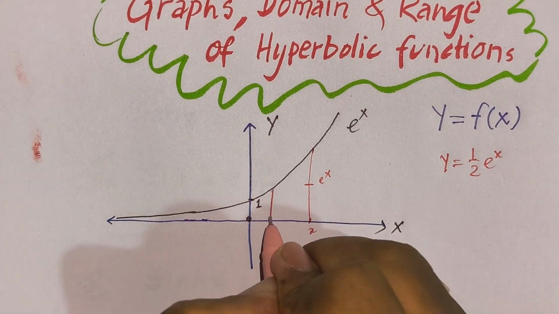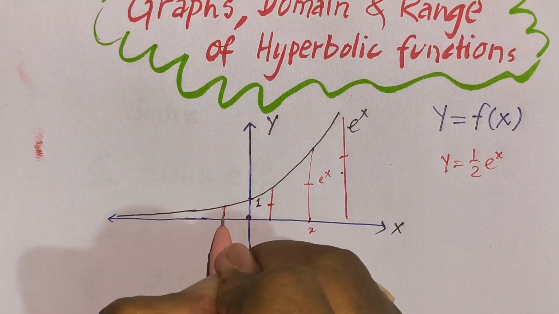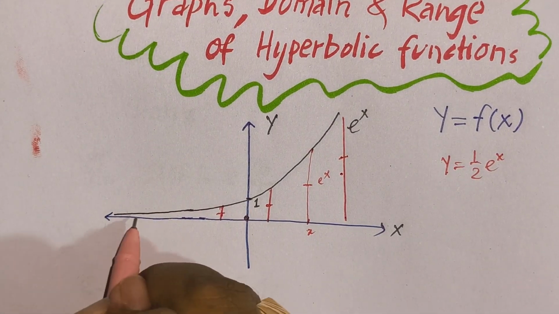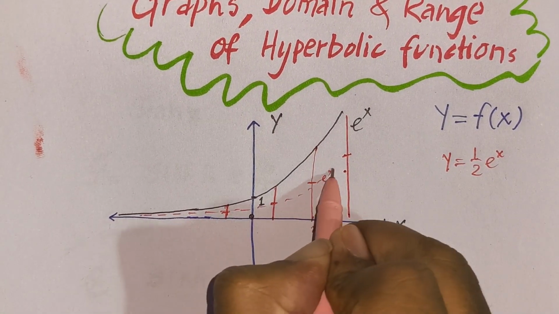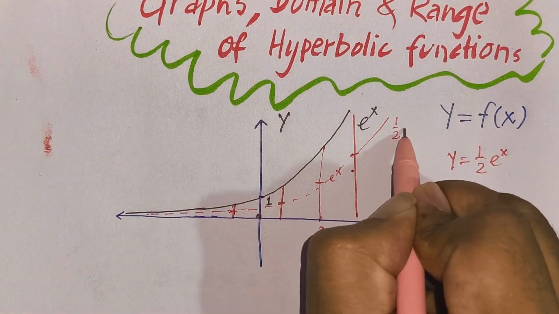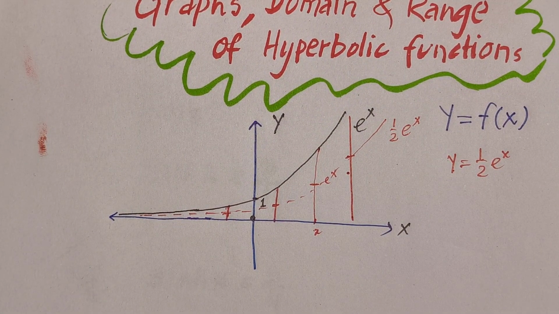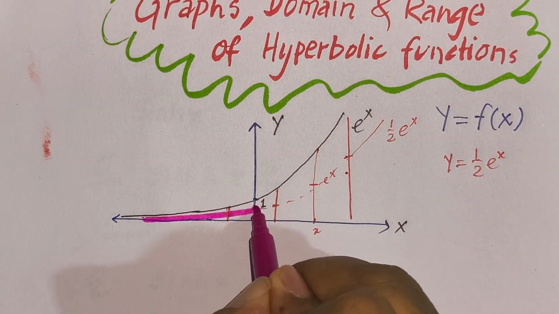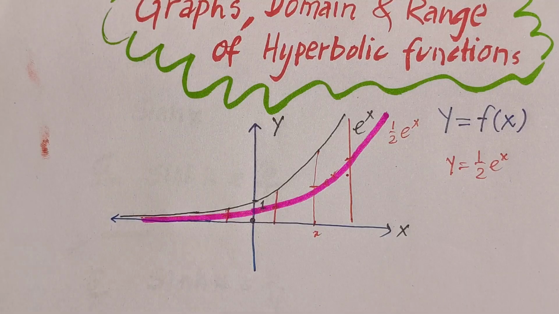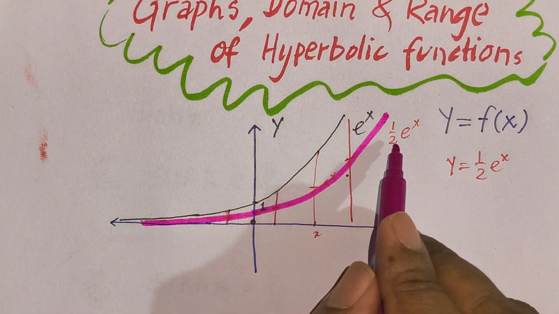At any point, your height is reduced to half. That will look like this. This is our half e to the power x. So this is e to the power x, and this is half e to the power x.